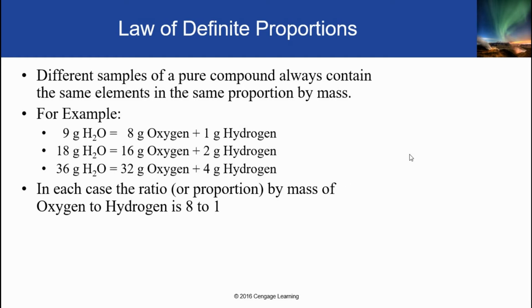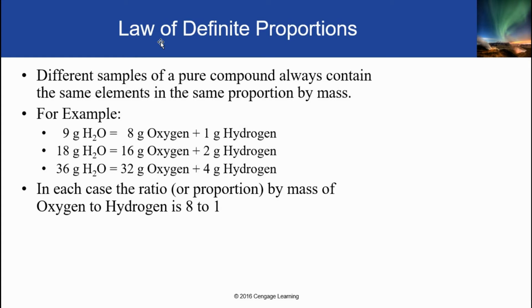So the next law that we have to remember, consider in a chemical reaction is the law of definite proportions. Ang sabi ng law of definite proportion, different samples of a pure compound always contain the same elements in the same proportion of mass. So for example, we have water, H2O.